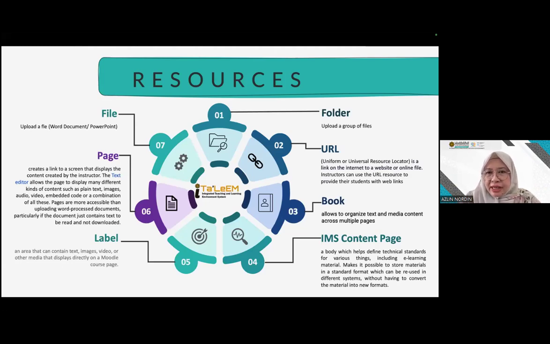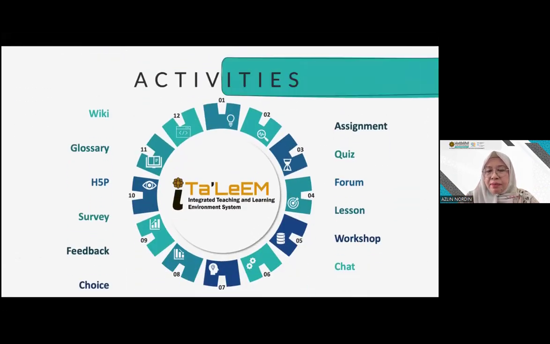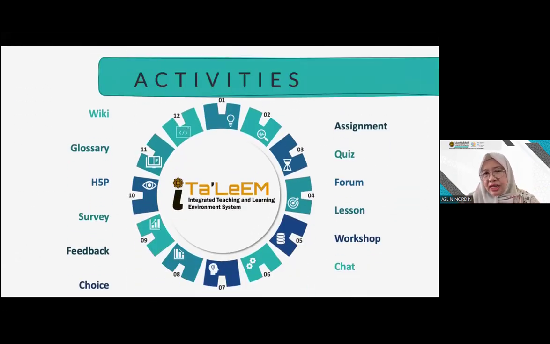But if it is not here, maybe what you are looking for is in the next part, which is on the activities. Like someone mentioned just now, H5P. Maybe you can have wiki or glossary or survey, feedback, choice, or you want to have chat, assignment, quiz, forum, a lesson, workshop.